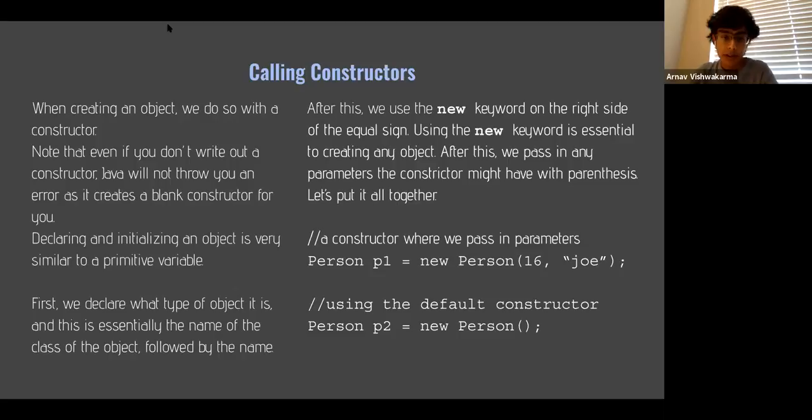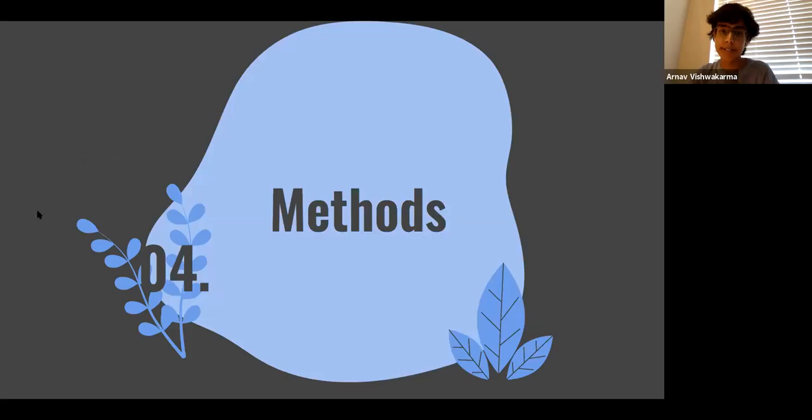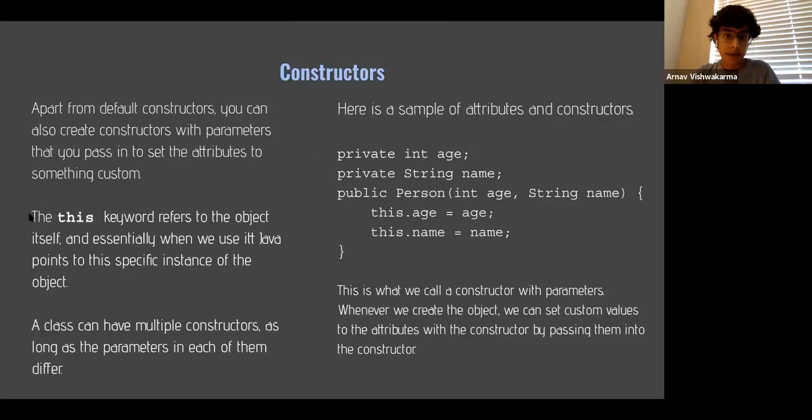For our first example, we initialize Person p1 as a new Person, where their age is 16 and their name is Joe. On the previous slide, we looked at a constructor where we pass in parameters. On this slide, we can see the parameters being passed in order: age and name.